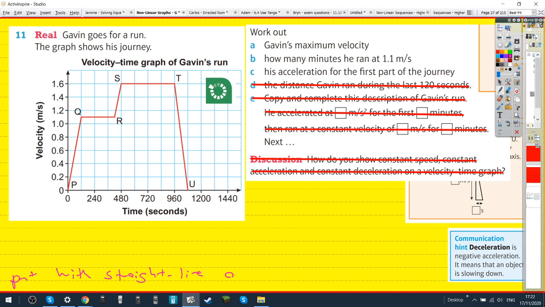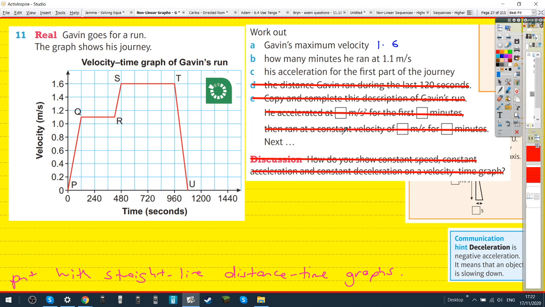How do you find the maximum velocity? This is velocity on the y-axis. Oh, so okay. It's 1.6. Yep. 1.6.